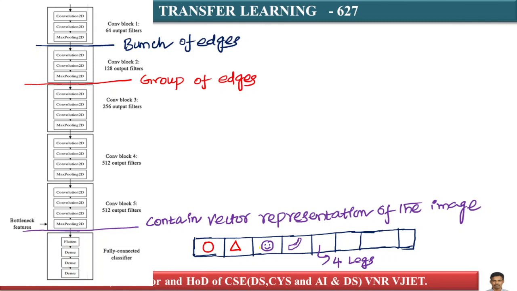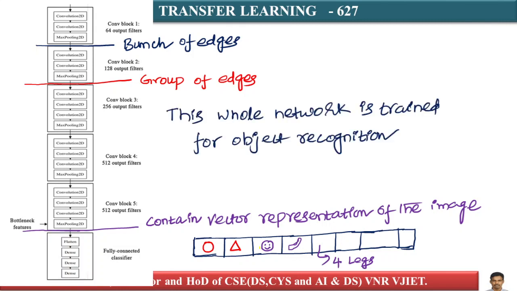The whole network is trained for object recognition. VGG16 is trained for object recognition.